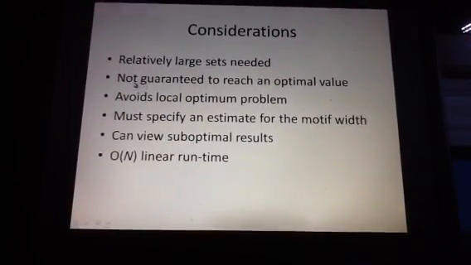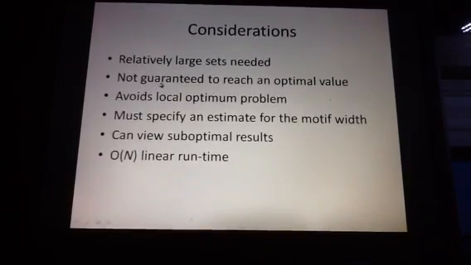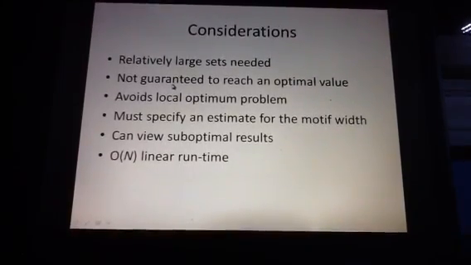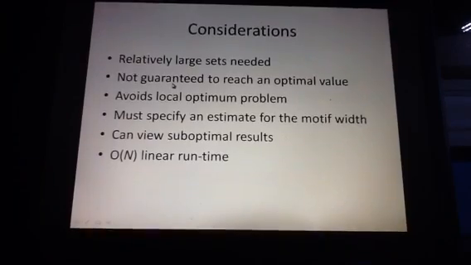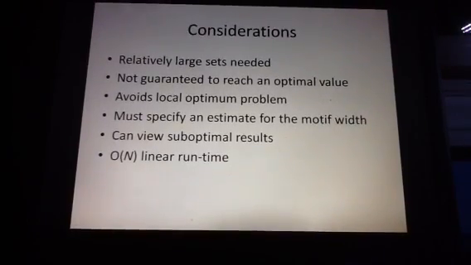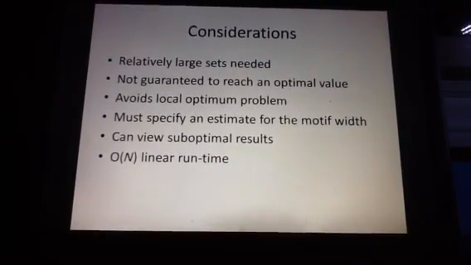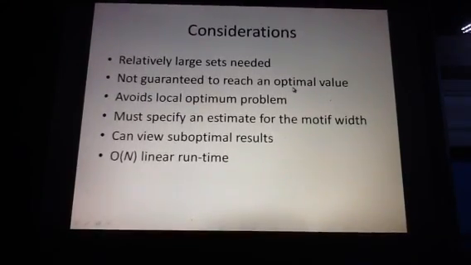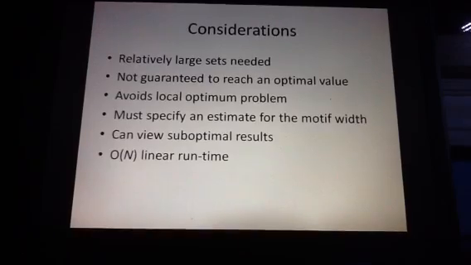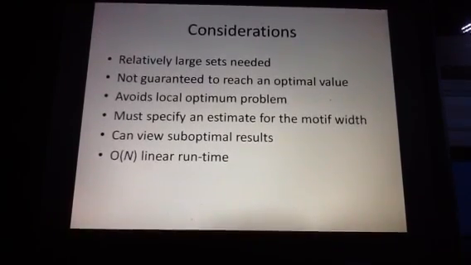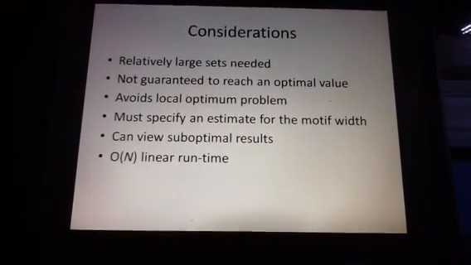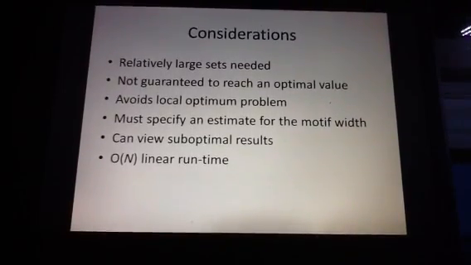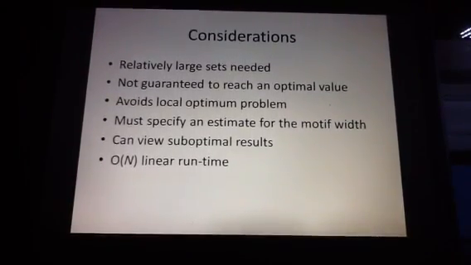The next thing is the Gibbs sampling method is probabilistic in nature, and because it's very probabilistic in nature, it's very heuristic. You don't have a guarantee that you would obtain an optimal value, meaning a convergence answer wherein each of the motif positions give you the true positions of the motif in each of the sequences.